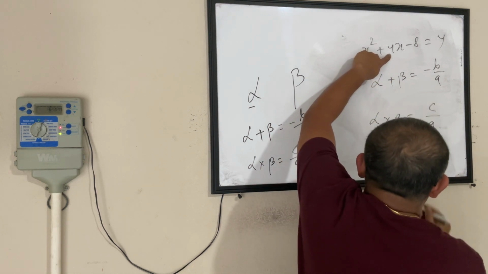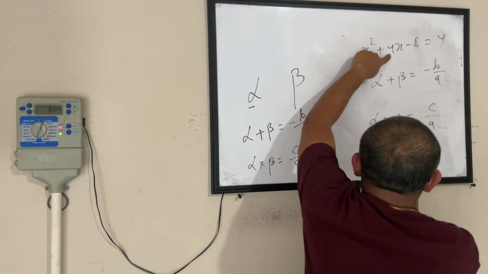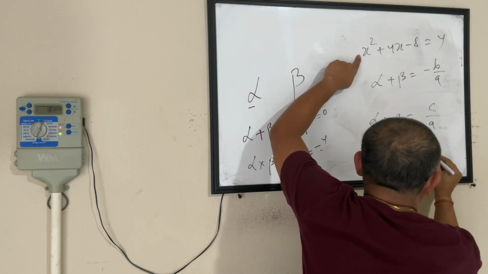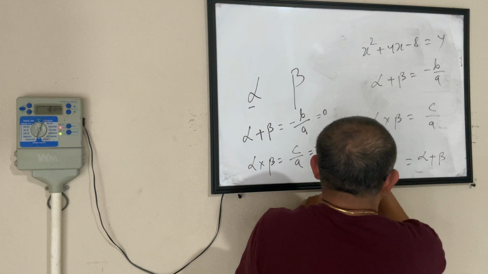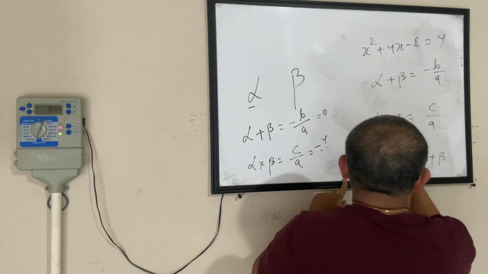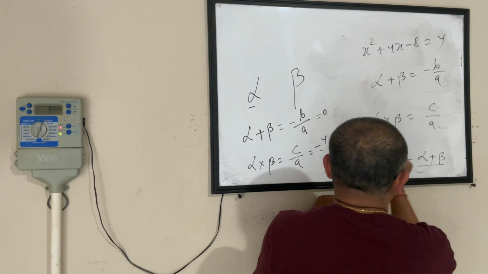What is my b? 4. So this is minus 4 by a, which is 1, equals alpha plus beta, or alpha plus beta equal to minus 4, and alpha into beta equals c by a. What is c? Minus 8. So alpha plus beta equal to minus 4 and alpha into beta is minus 8.